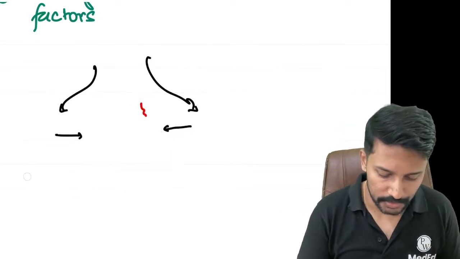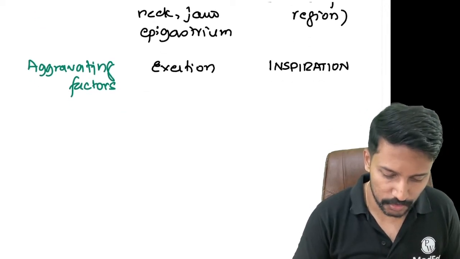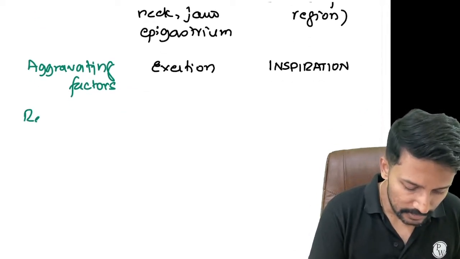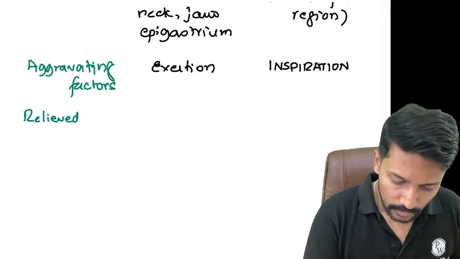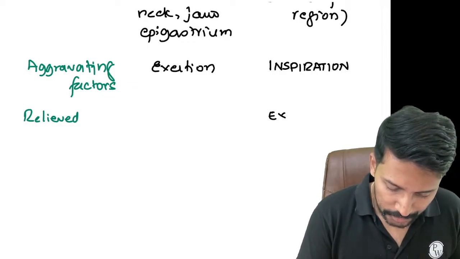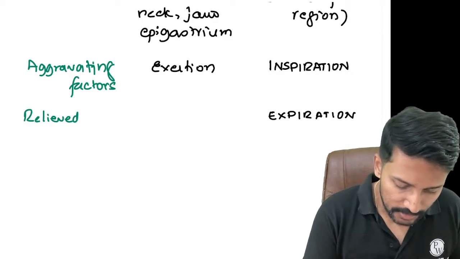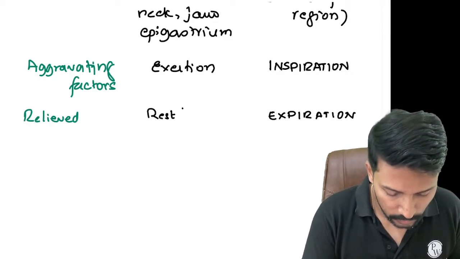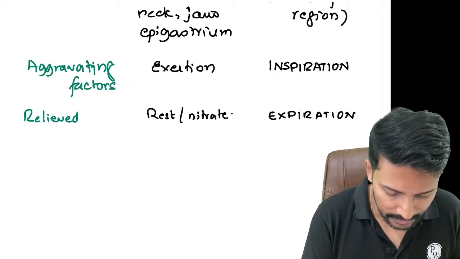So typically the pain of acute pericarditis is worse on inspiration and better on expiration, while the anginal chest pain gets relieved on rest or with the help of nitrates.